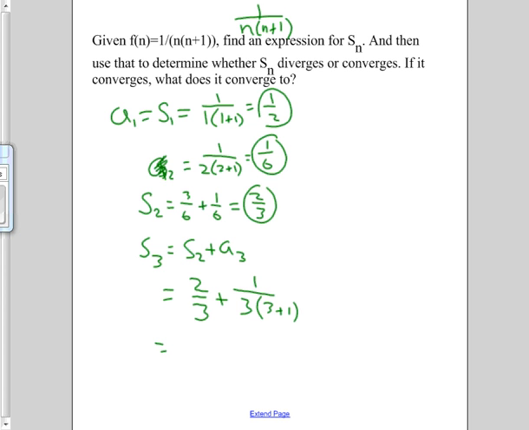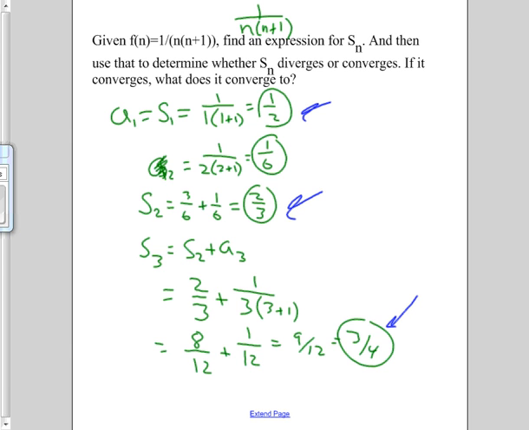Getting a common denominator, 2/3 is 8/12, plus 1/12 equals 9/12, or 3/4. So S sub 1 is 1/2, then 2/3, then 3/4.